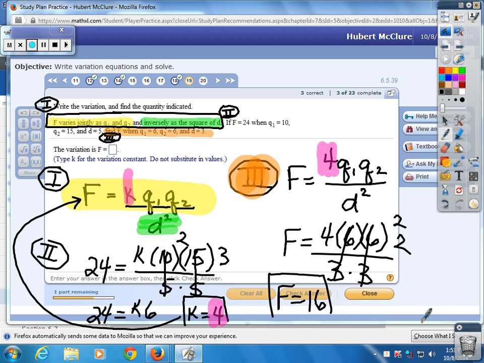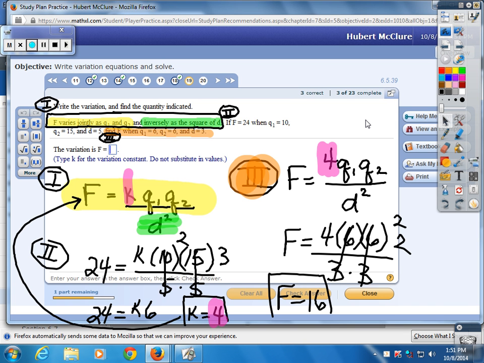Now, what are they asking for here in this first question? What is variation? That's a 25-cent word for the equation, or the formula. So that would be K times Q sub 1.